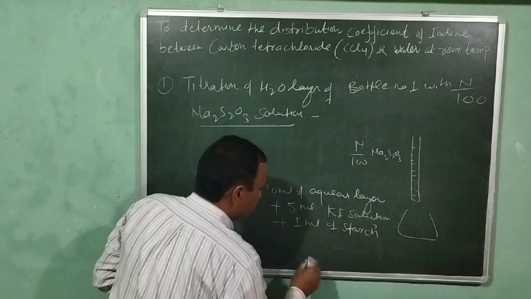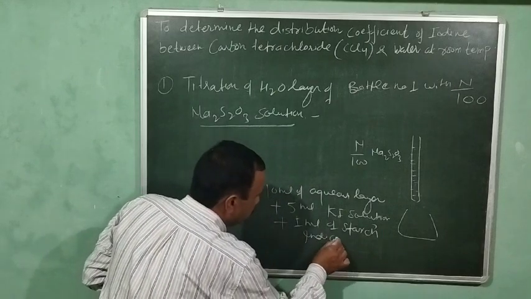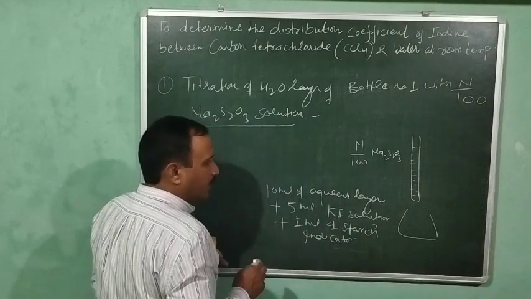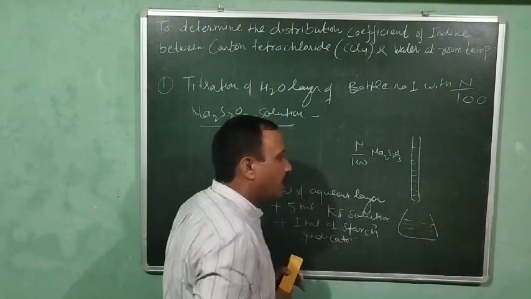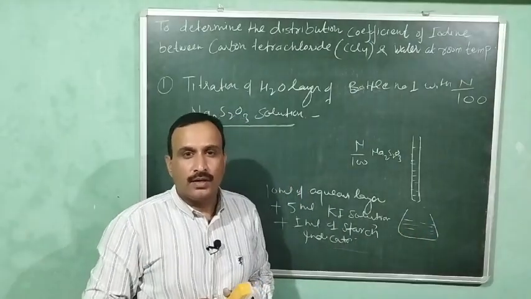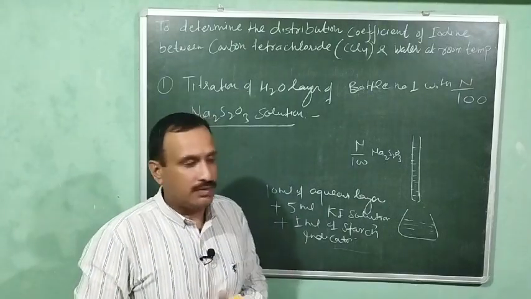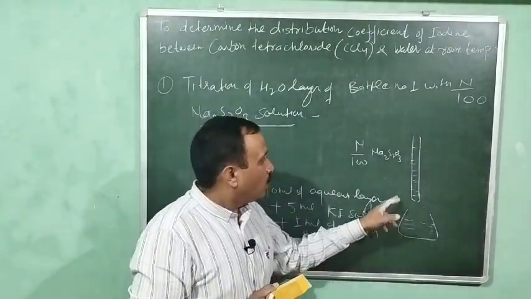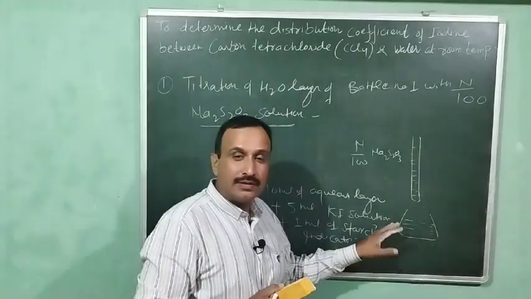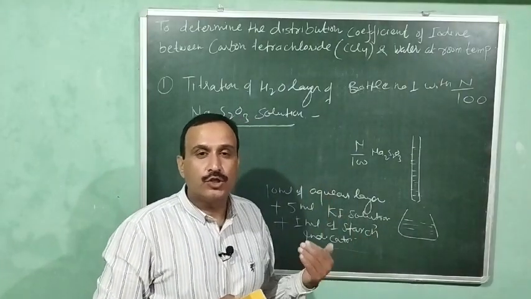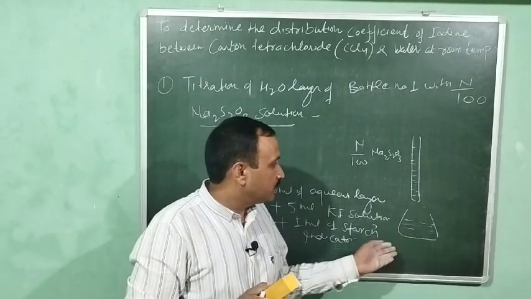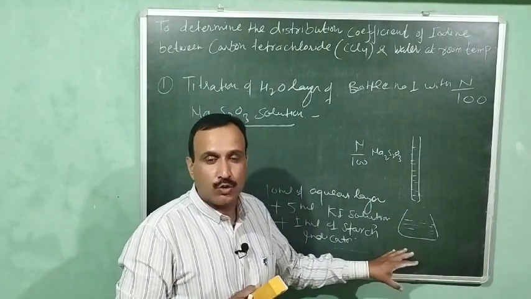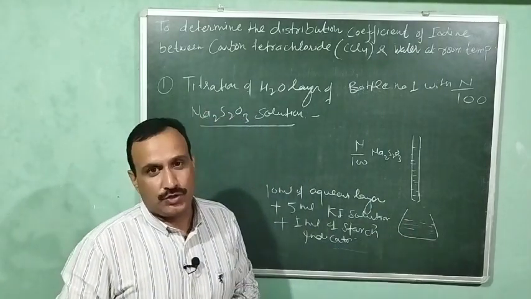So here the starch indicator will be added in the beginning, and the color of the solution taken in the titration flask will turn blue. Then we will start titration. फिर हम titration शुरू कर देंगे और we will titrate it till the color of the solution changes from blue to colorless. और जब solution blue to colorless हो जाएगा, that will be our end point.